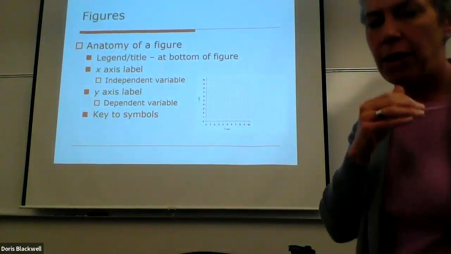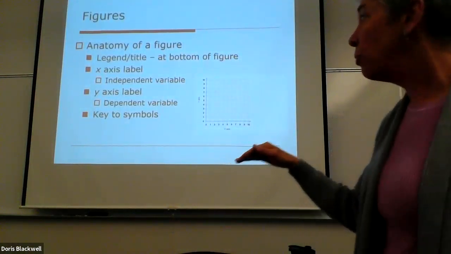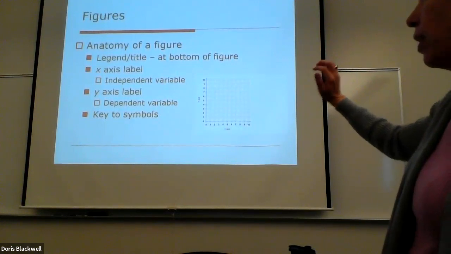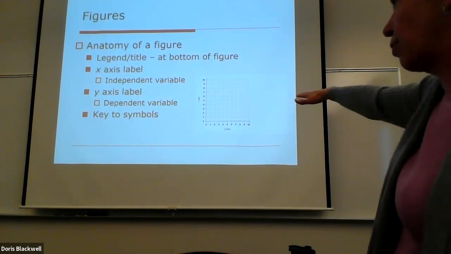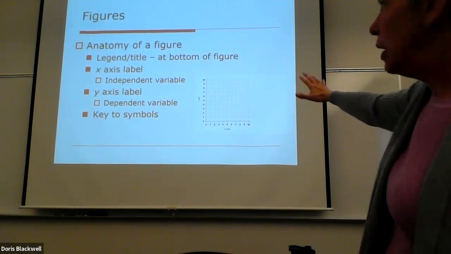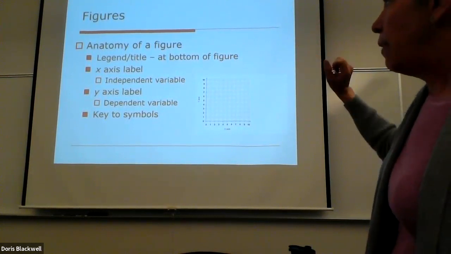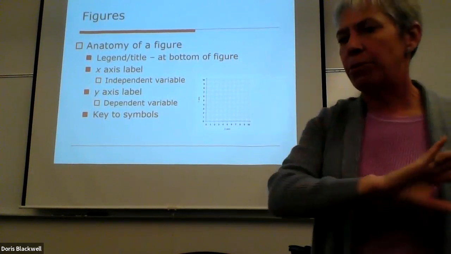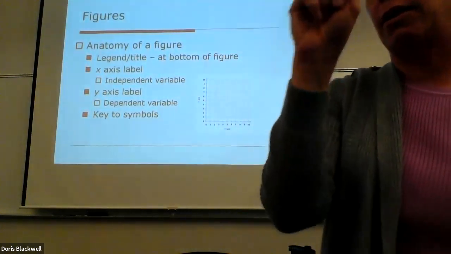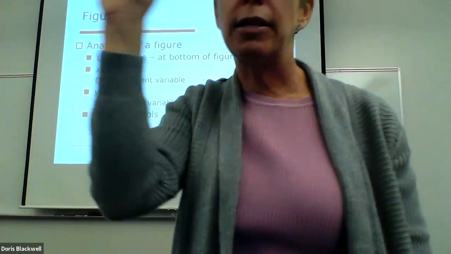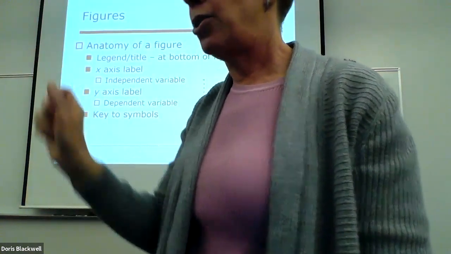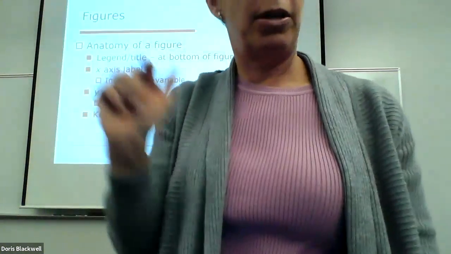The anatomy of a figure, again: the legend goes at the bottom. We want to make sure that we clearly label the x-axis, the axis along the bottom, our independent variable, and clearly label the y-axis, our dependent variable. Sometimes if we use a line graph, we might use little symbols, so the line with the X's on it means this population, the squares mean this population, and the circles mean this.